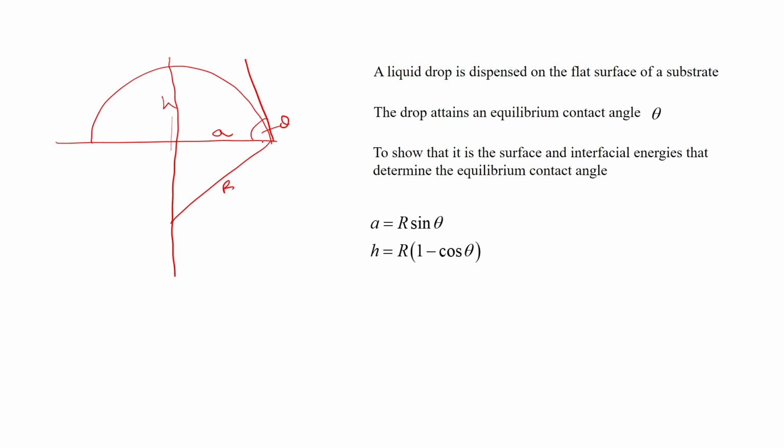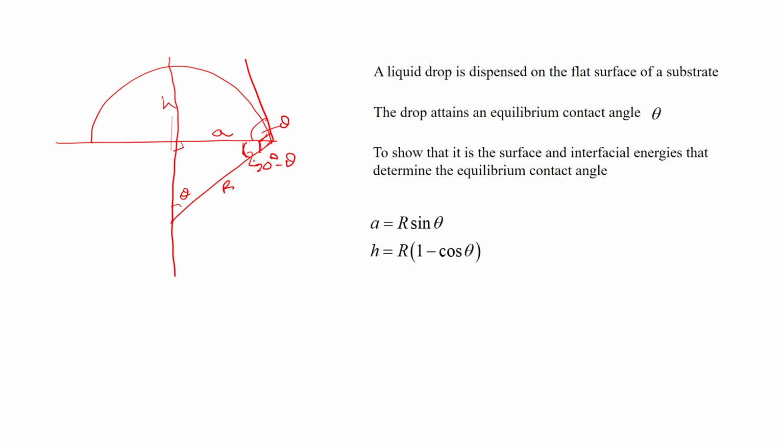If you see, this is the radius of this particular circle, so this whole angle is 90 degrees. If this is 90 degrees, then this angle is 90 degrees minus theta, and this is 90 degrees. Therefore, this angle will be theta. Again, this whole angle is theta and this angle is 90 degrees, so this angle will be 90 degrees minus theta.